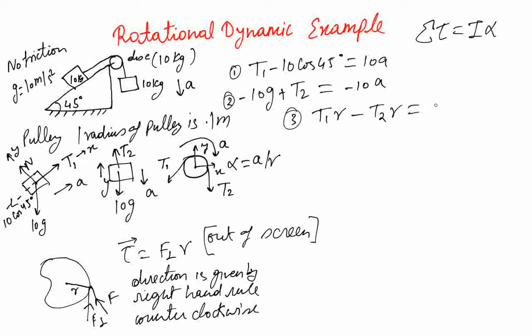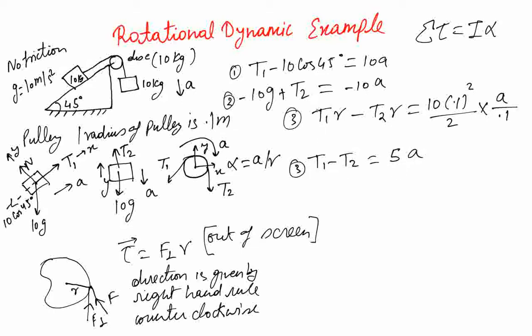Now I for the disc is, we know, mr squared over 2, so it's going to be 10 times 0.1 squared over 2. And alpha is nothing but A over R, so it's A divided by 0.1. So that is nothing but T1R minus T2R. As a matter of fact, we can take R outside, so we get T1 minus T2 equals 5A, right? This is the third equation.